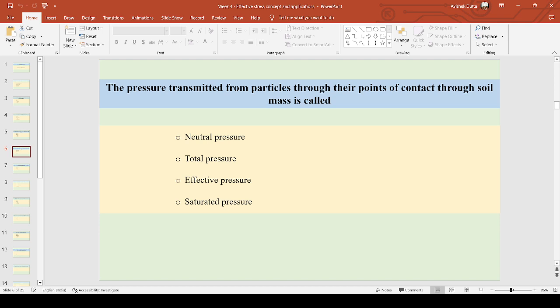The options are neutral pressure, total pressure, effective pressure, or saturated pressure.